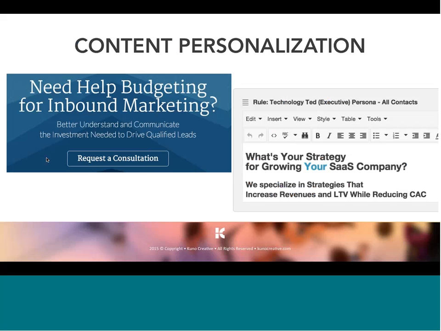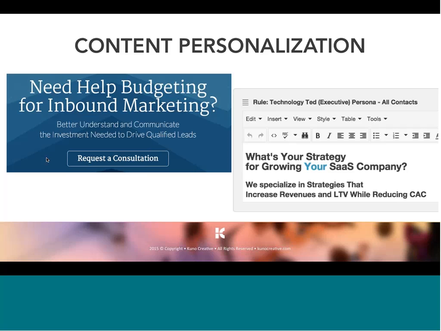Then another thing you can do with content personalization is to reach out to the people who are engaged with you, the people who are in your database. It's another way of nurturing. Since we know who you are and we know your persona, we can offer you additional content.